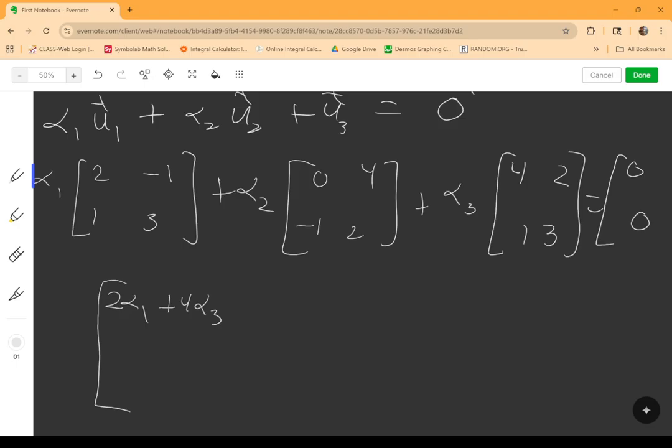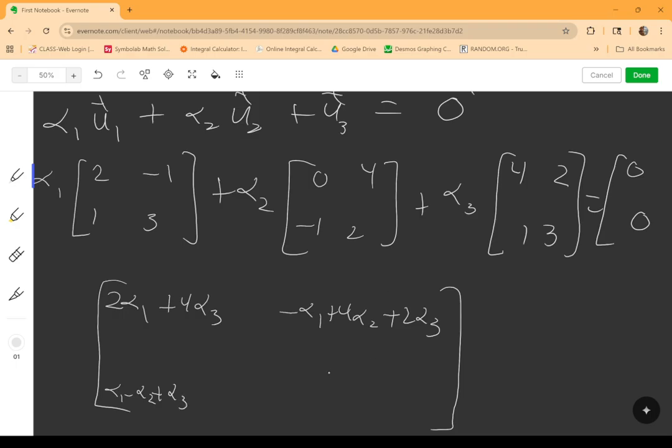And then what do we have here? Negative alpha 1 plus 4 alpha 2 plus 2 alpha 3 in this position. Then in the second row, first column, we got alpha 1 minus alpha 2 plus alpha 3.